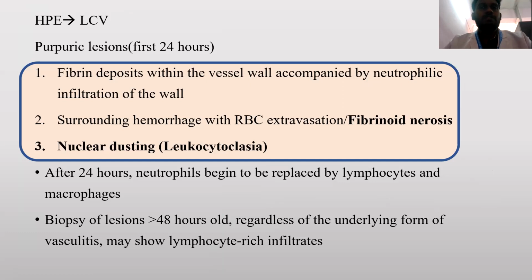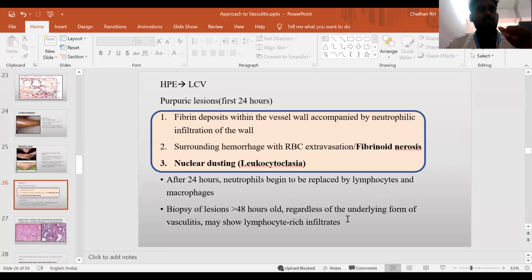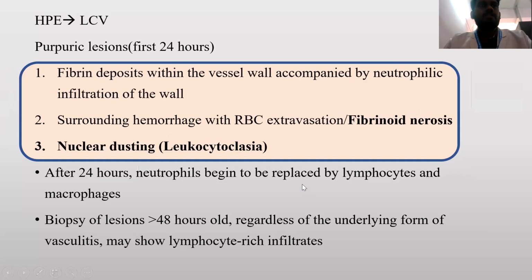Coming to the histopathology in the case of leukocytoclastic vasculitis, the purpuric lesions you should biopsy within 24 hours, and you will be able to see fibrin deposits within the vessel wall accompanied by neutrophilic infiltration of the wall, surrounding hemorrhage with RBC extravasation, fibrinoid necrosis, nuclear dusting, or leukocytoclasia.